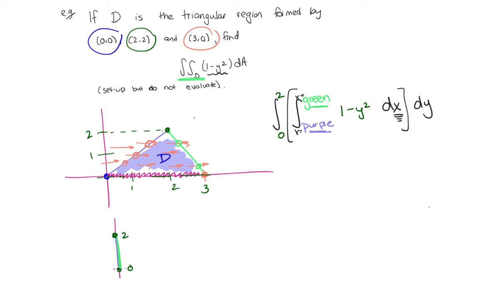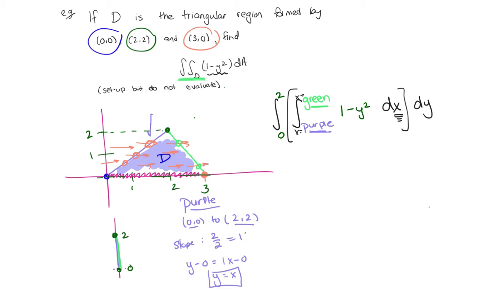So let's do that over here. For this purple line, we know it goes from (0, 0) to the point (2, 2). I have 2 points, so I can find the slope, change in y over change in x, which is 1. Now I can use point slope: y minus 0 equals 1 times x minus 0, or y equals x.